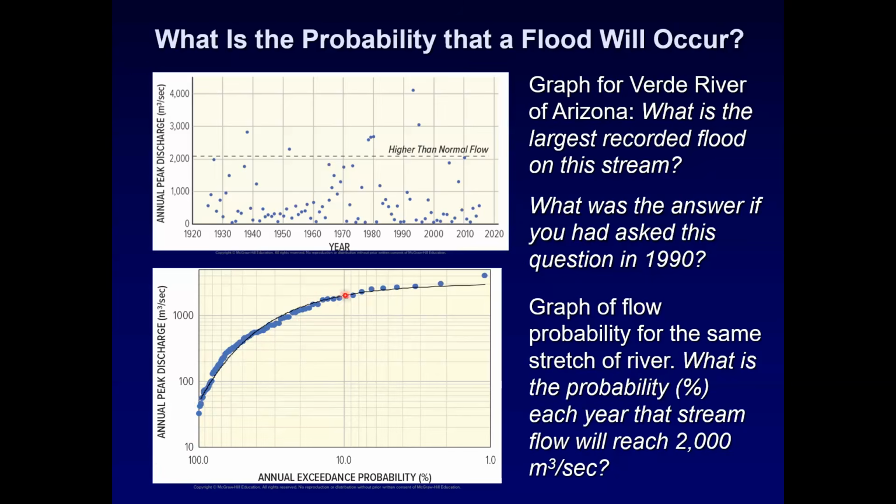But if we go up to 2,000, that's somewhere here, the probability is very low, less than 1%, that the stream flow will reach that particular number. This is kind of a sure thing. This becomes less and less probable. Something very strange would have to happen. But it could happen. So with that, we'll stop here for this chapter.